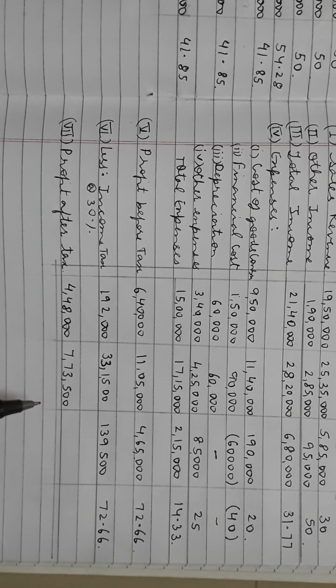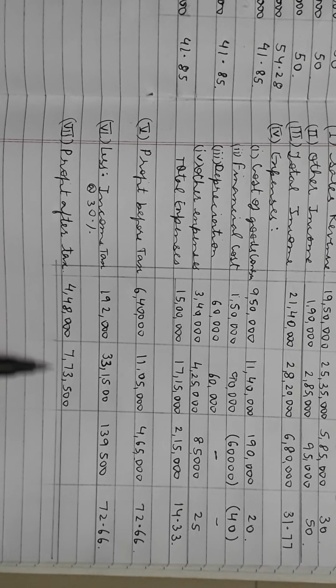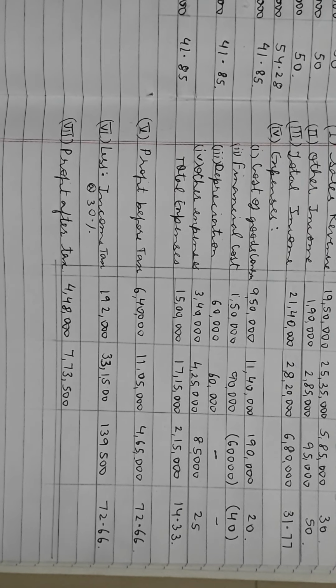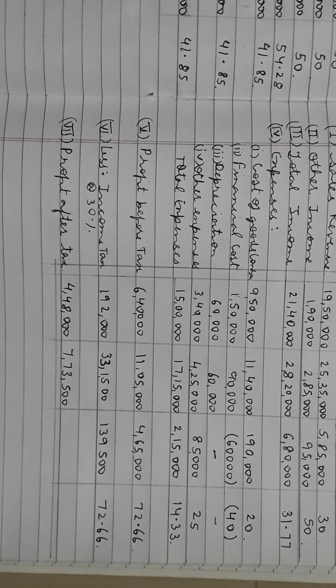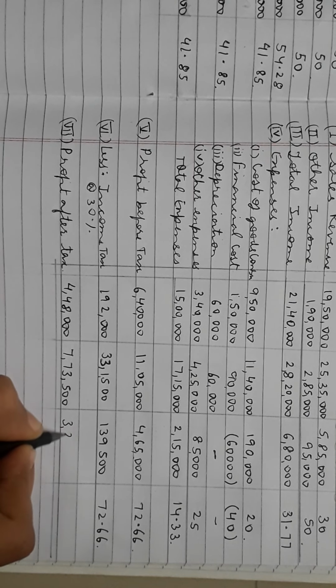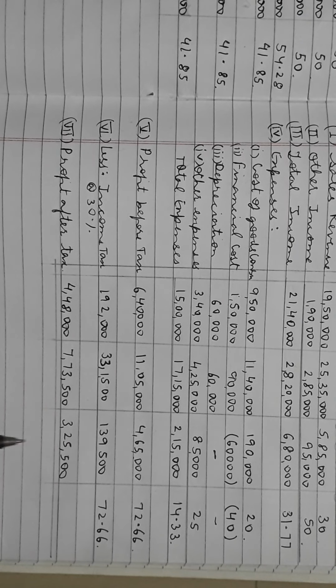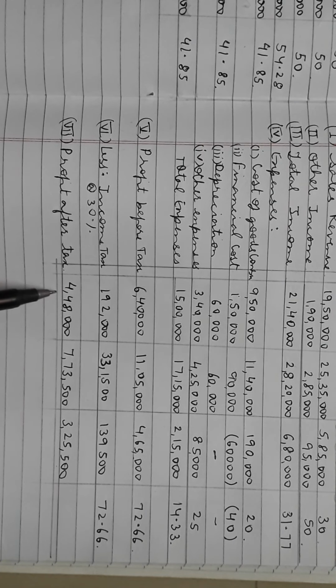Increase decrease: here we will deduct 7,73,500 minus 4,48,000, that is 3,25,500. Percentage increase decrease, 3,25,500 divided by 4,48,000.